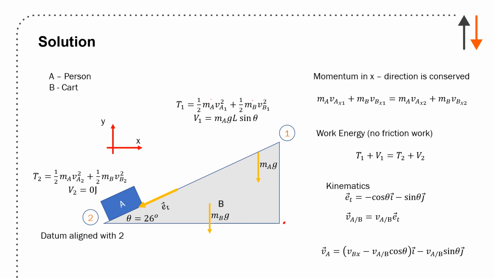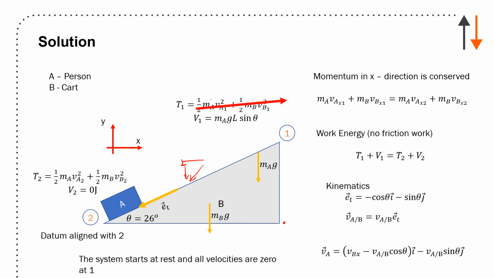So I can write velocity of A is equal to velocity of B in the x direction minus velocity of A with respect to B cos theta. And there is no y velocity associated with B, so it's just going to be v_AB sine theta in the j direction. I know this is negative because my coordinate system is given this way, and the person is going this way for a final velocity here.